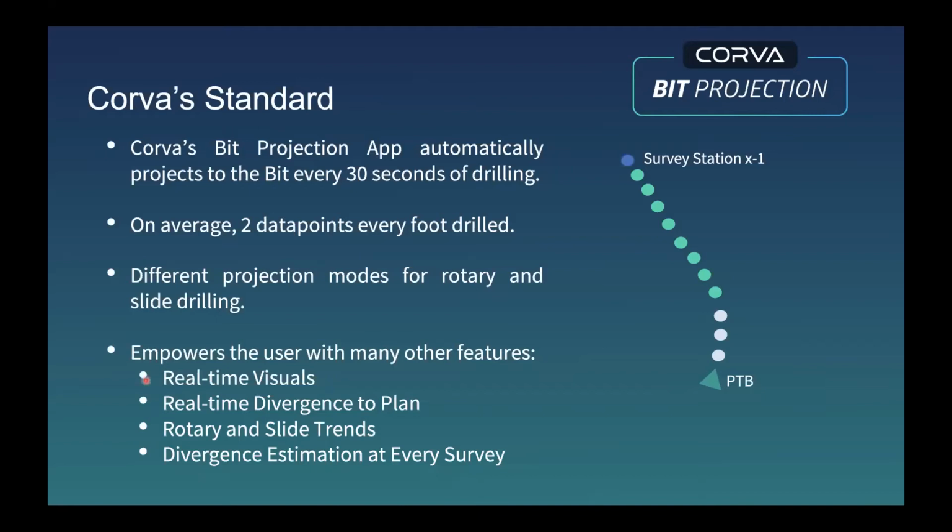We also break down the slide and rotary trends, and we calculate some of the divergence and validation accuracies as well. We'll go into more detail on that in just a moment.